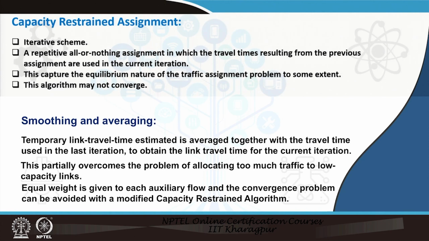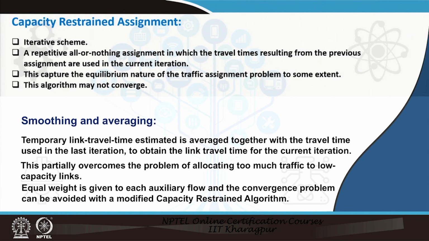we take a composite measure where we consider the average of all the earlier iterations. Whenever you load a particular link, the travel time drastically increases, and automatically the entire volume goes into the next one. Again, the traffic volume will jump between the two links, so it will keep on jumping back and forth, and there would be no end to it.